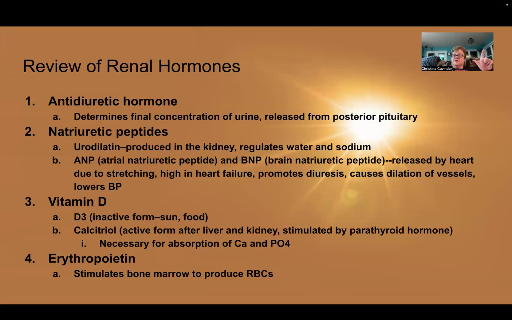If your calcium is high, your phosphorus is low, and vice versa. So it wants to keep it in a steady state, so we're not leaching out the bone for these electrolytes and minerals. It also releases erythropoietin. This stimulates the bone marrow to produce red blood cells. So if you don't release that, the bone marrow won't produce them, and then you become anemic.